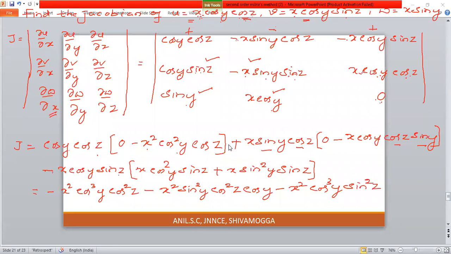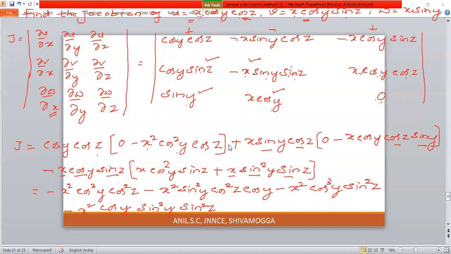Minus into plus minus x cos y sin z into x sin square y sin z. X into x is x square. Cos y into sin square y into sin z into sin z is sin square z.